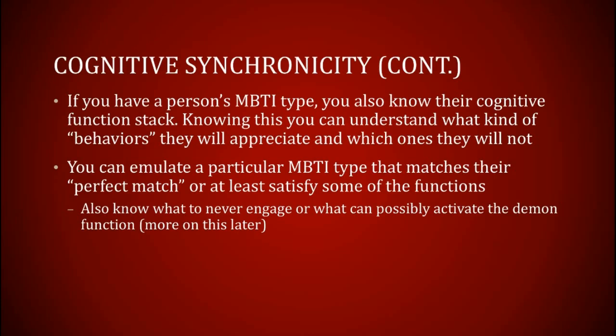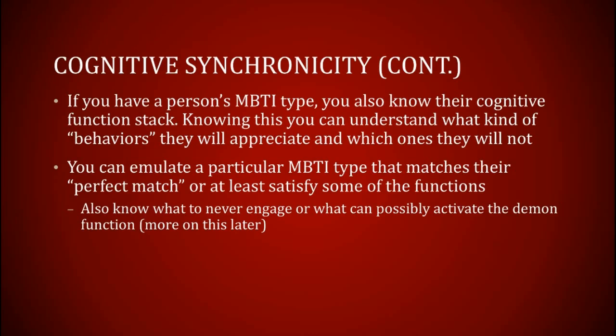Knowing this information also lets you know what to never engage. As I'm going to explain later, you never want to engage the trickster or the demon function. You might get a blank stare, you might get confusion. These are things that are really low on their stack, really low developed, and you never want to try to engage these functions. And also knowing this information, you know what their inferior function is.